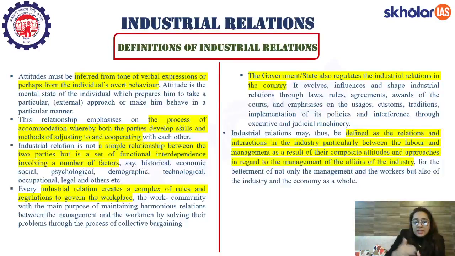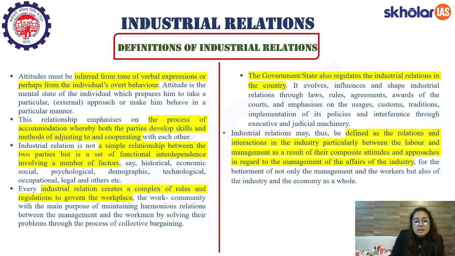So it maintains a relationship, not so simple, but still a simple relationship. What was there in history, how economics is getting affected, social and psychological, demographical, technological, occupational, and what are the legalities that are involved, all these things.